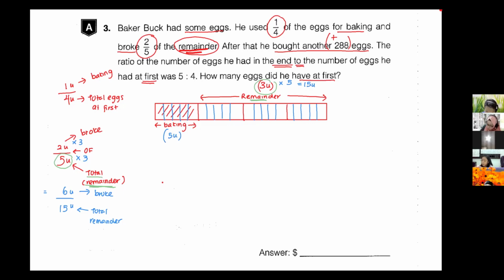He broke 6 units. 1, 2, 3, 4, 5, 6. This is what he broke. I'm counting up to 19.